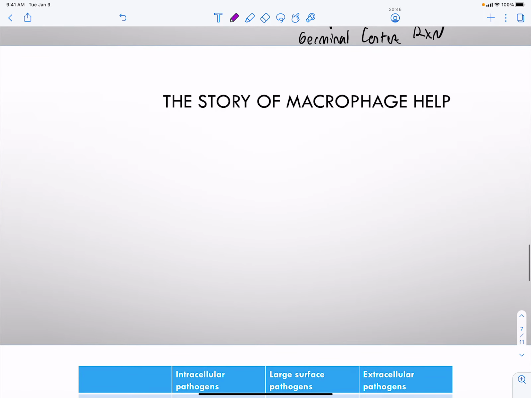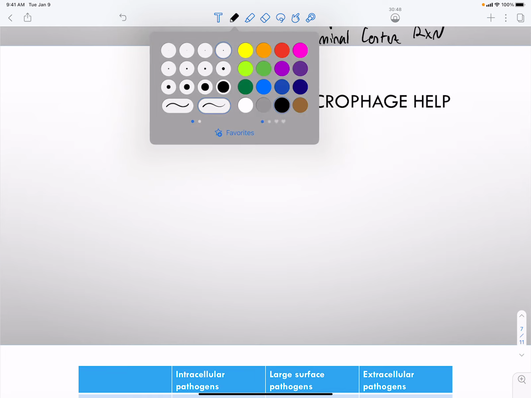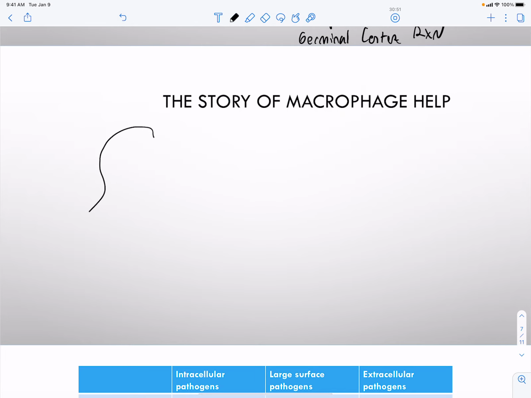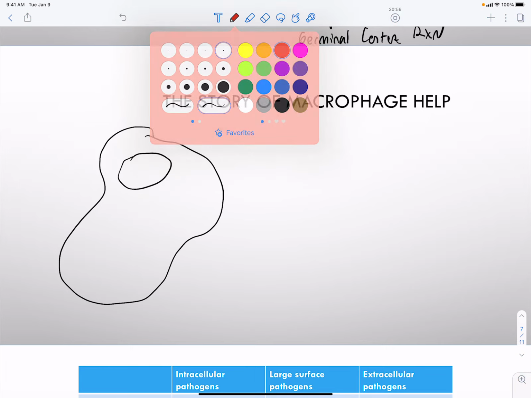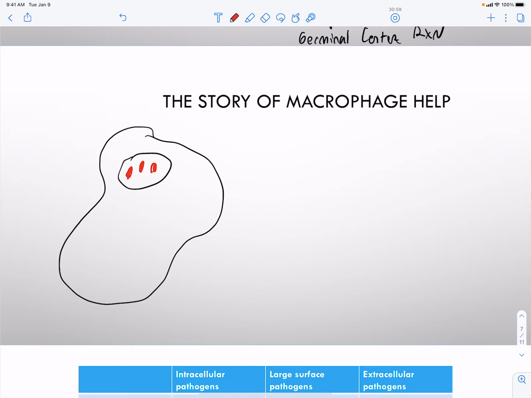Now, macrophage help, again, just very quickly goes through CD4 and MHC class 2. And so in this case, you have a macrophage. It has an endosome, and it has bacteria inside. So here's our bacteria. And say the bacteria has virulence factors, so it prevents fusion of your endosome and lysosome. So the macrophage will have a lysosome compartment.